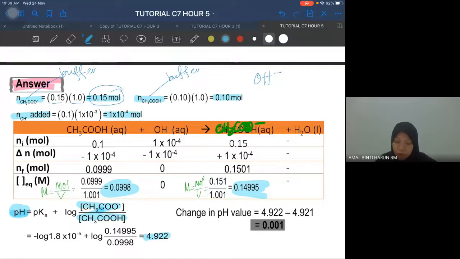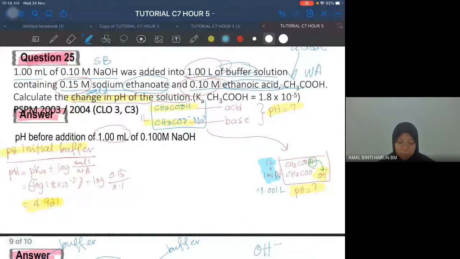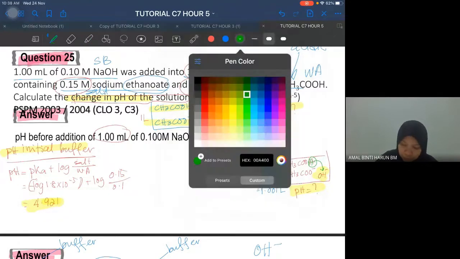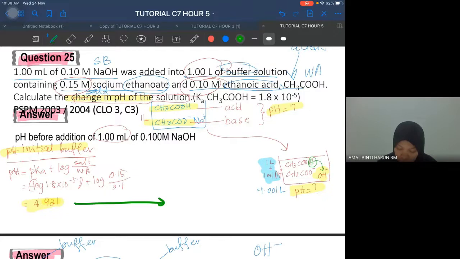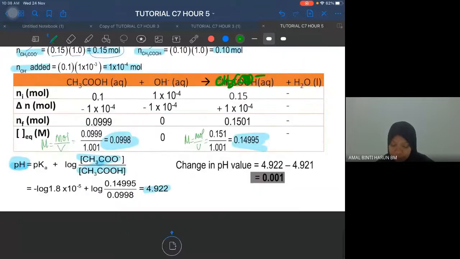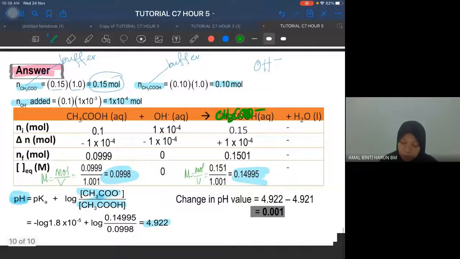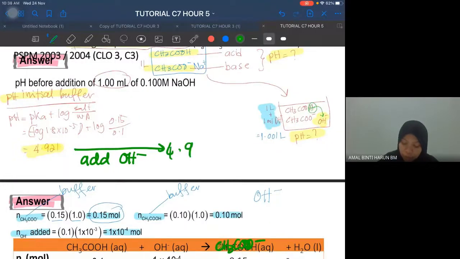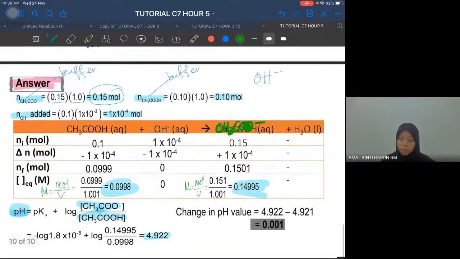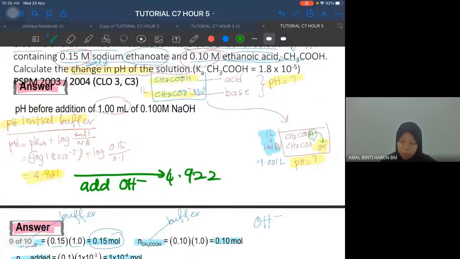Okay. Just now, kalau buffer sahaja 4.92. Now, addition of small amount of 1 ml of strong base, dia akan menghasilkan pH dia 4.922. Okay, so the change is only 0.001.